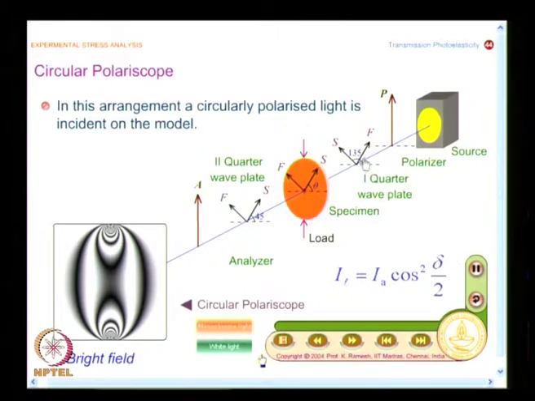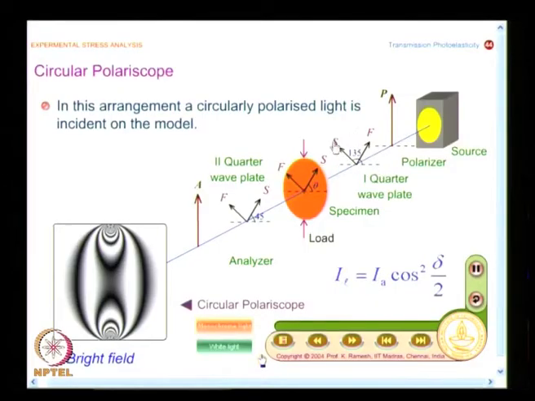Let us look at one more statement I made about conventional photoelasticity. What is important is the first quarter wave plate and second quarter wave plate need to be kept crossed.